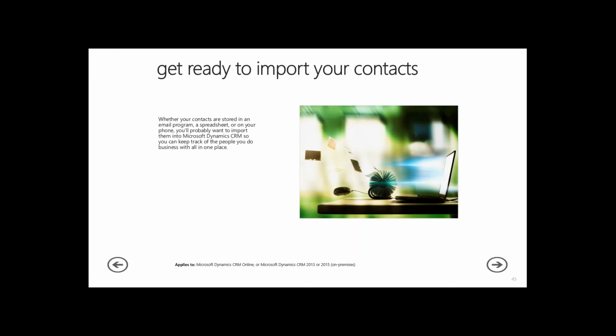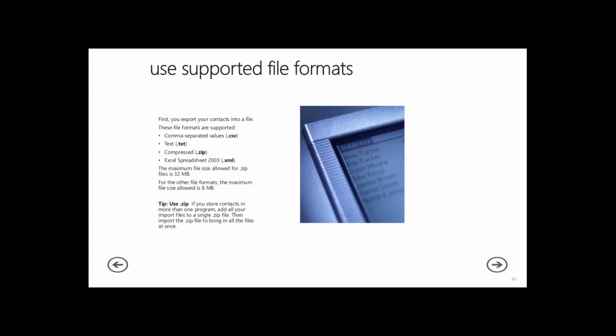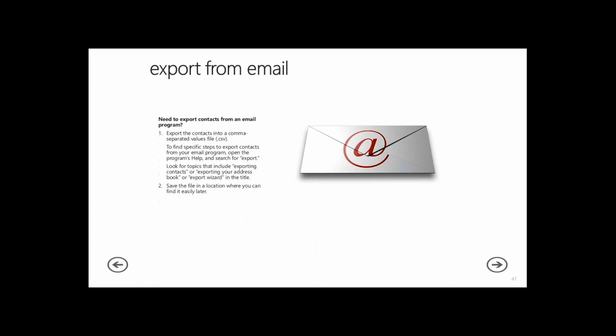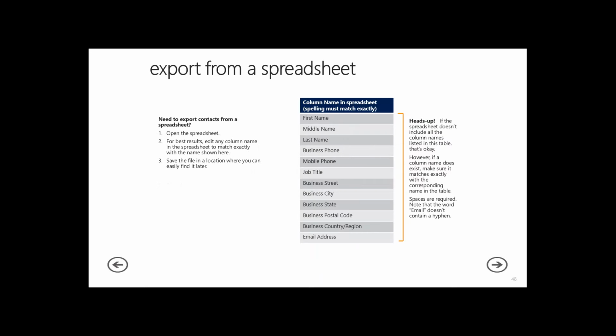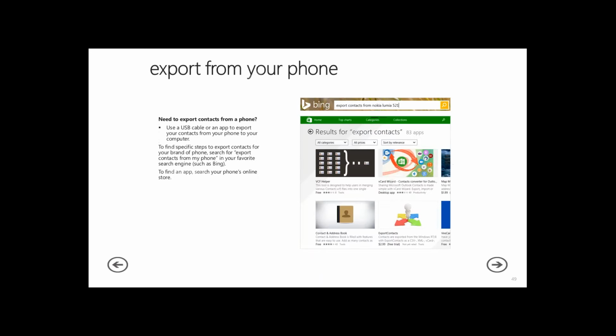As it says here, whether your contacts are stored in email or spreadsheet or phone, you want to get them into CRM, and we're able to do that supporting a variety of file formats, which is important. And we can also export from email, from spreadsheet, and also from mobile devices as required.